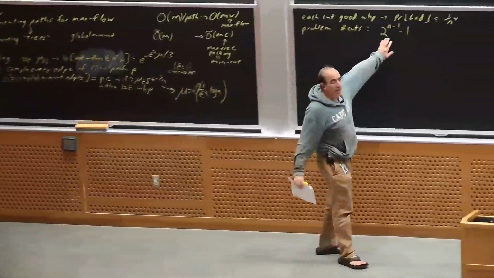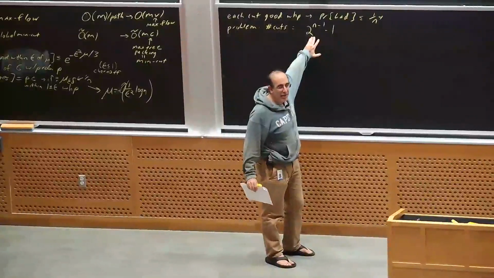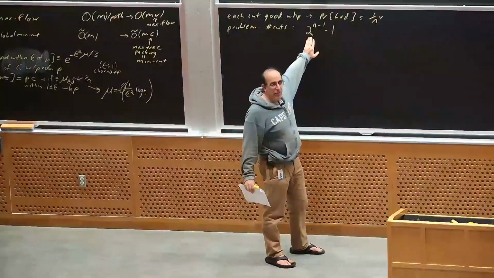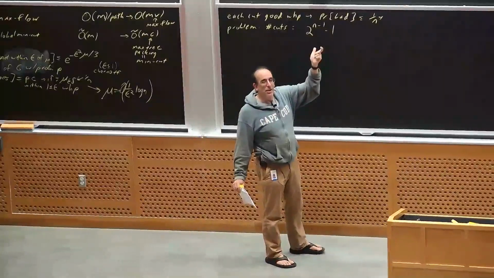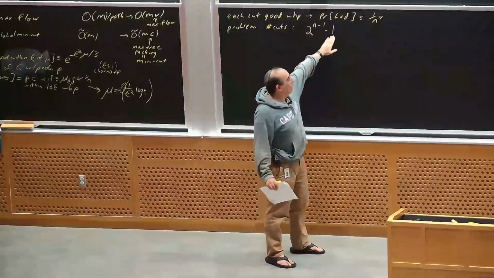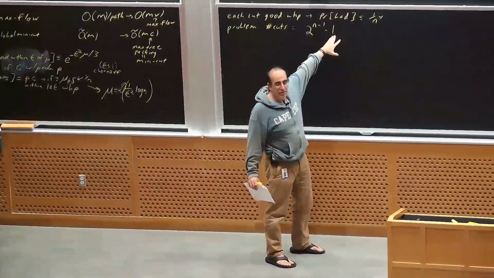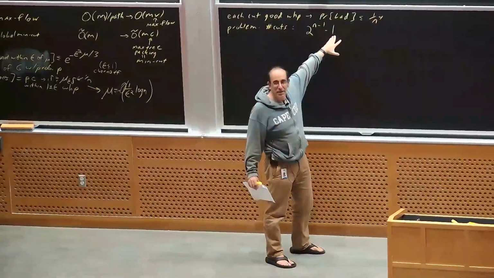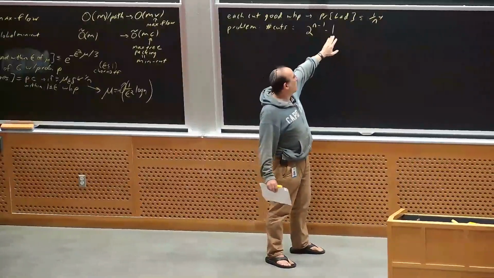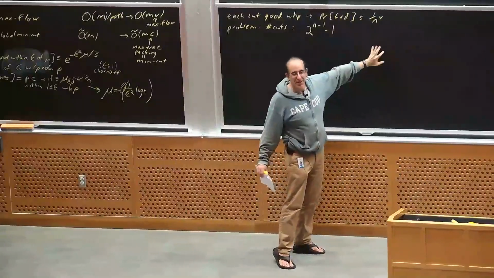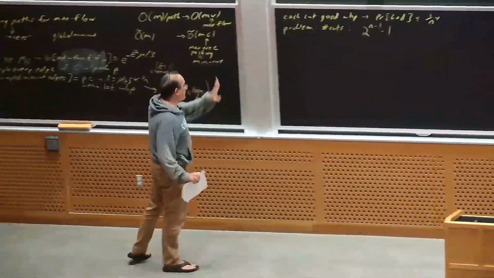I have to assign a left side or a right side to each vertex. So that's 2 to the n ways, but I can swap left and right if I want to, right? So that gives me 2 to the n minus 1, and why am I subtracting 1? What was that? Yeah, I'm not allowed to put everything on one side, right? So that leaves off one. But it's basically 2 to the n.